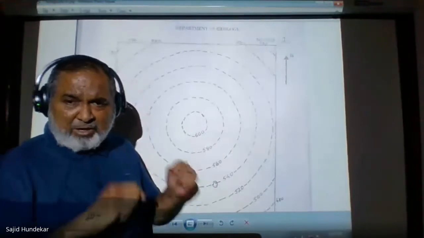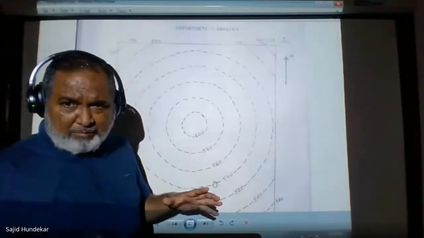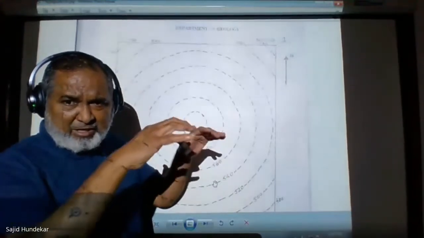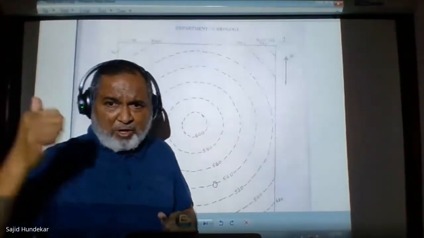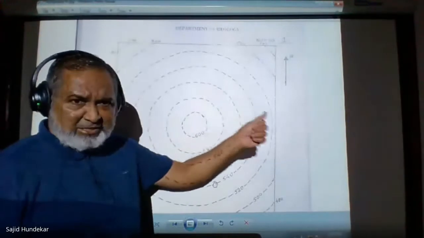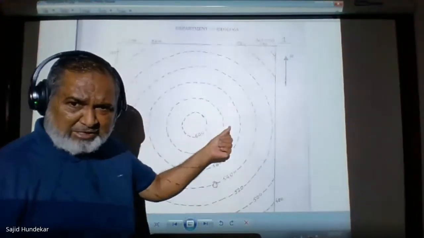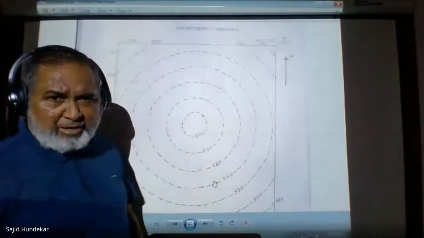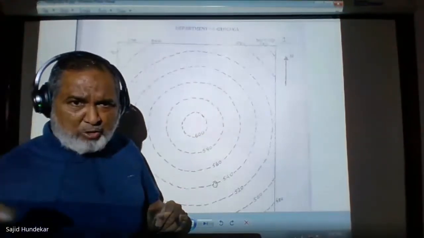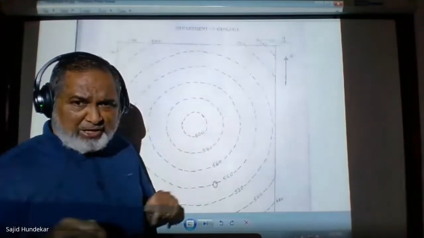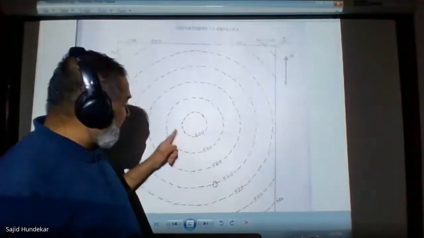For example, if you want to make a plan of that Pune college, we are on the third floor. Right from hall number 41, 40, 39, 37, then the geology department 36, 35, till the stat department, every point we can make out, and when you join all the points you get the dotted line.